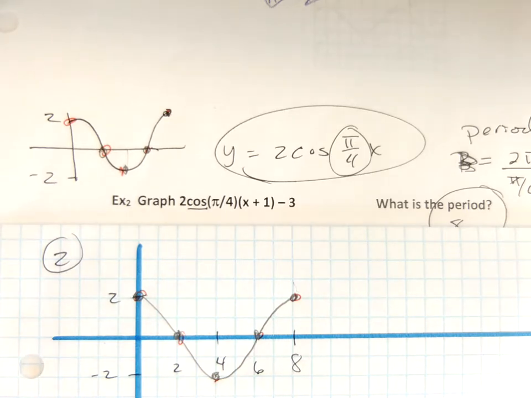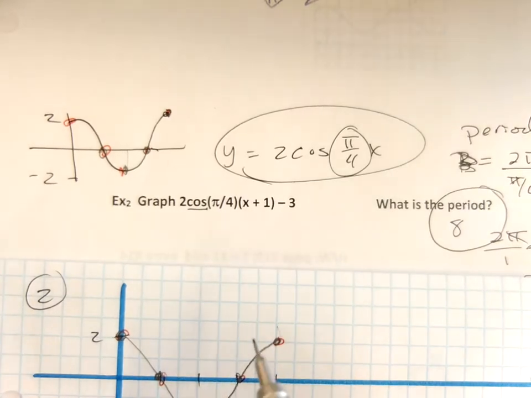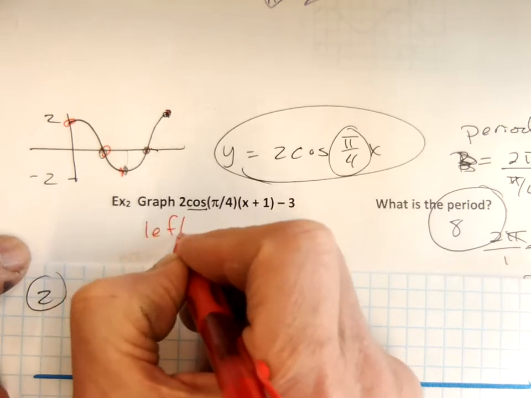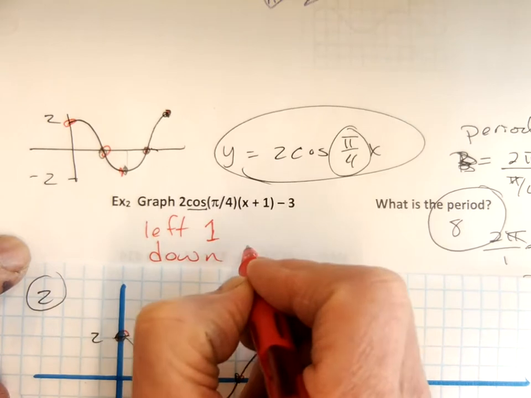The next piece of this will be simply to move this graph. So we're going to translate the graph. We're going to go to the left 1 and down 3.